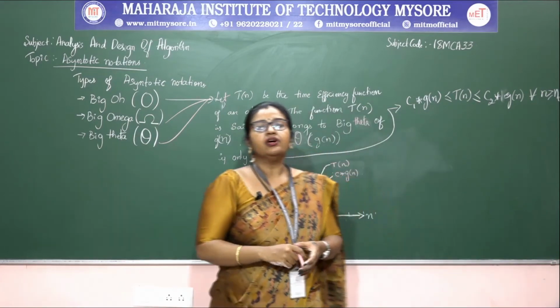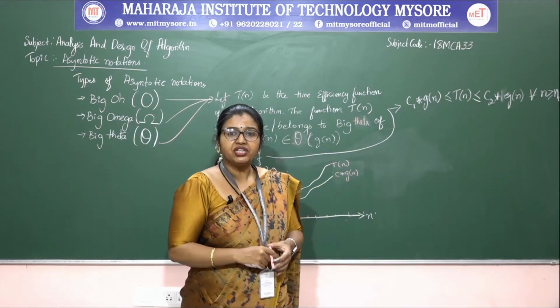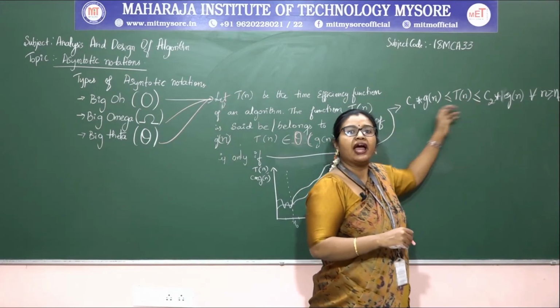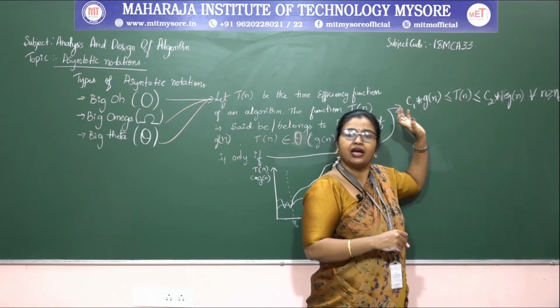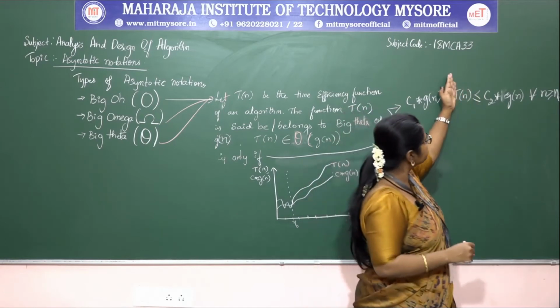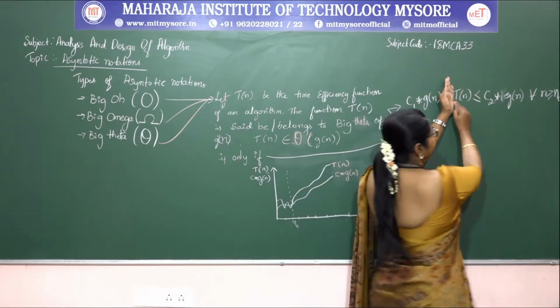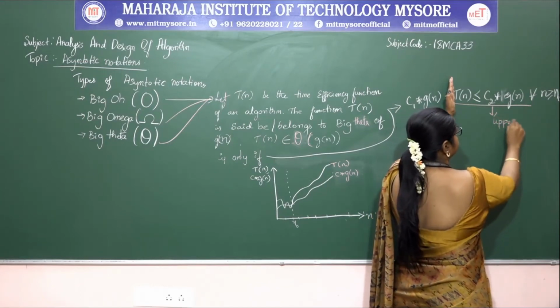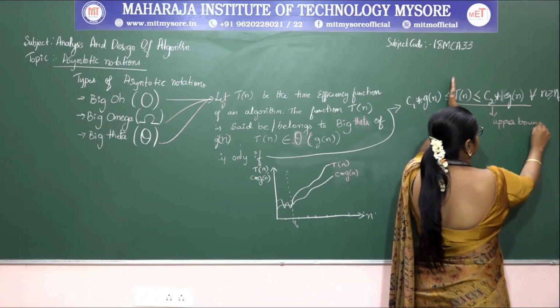So here your algorithm's efficiency, that is T of n, lies between the upper bound and the lower bound of your algorithm. See, if you consider this part, this is nothing but your upper bound. Right.